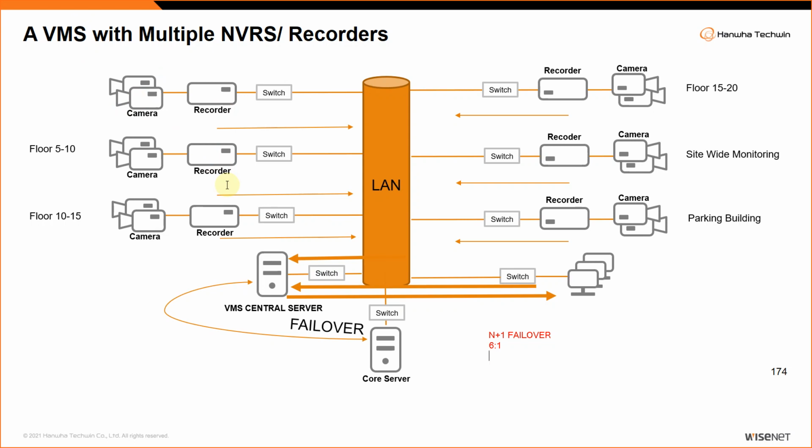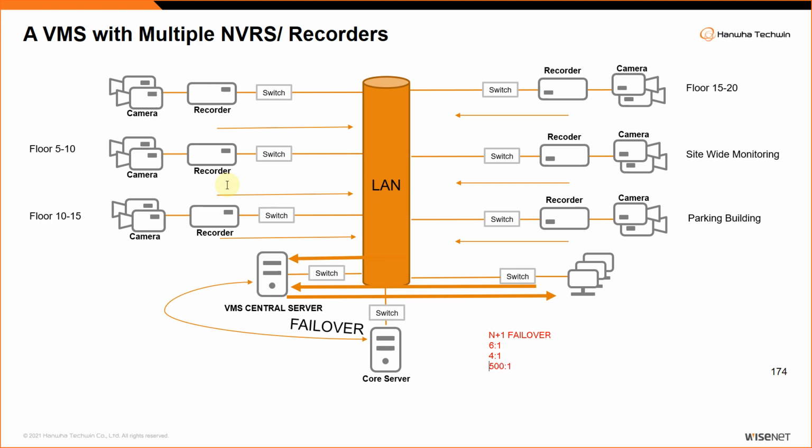That is called failover. It is good to keep a ratio of 8 to 1 or 10 to 1. Some high-end projects keep 4 to 1. We have seen that also. Some consultants specify this in the document, saying 4 to 1. If nothing is mentioned and you are quoting for a large project, you can assume 500 cameras to 1.